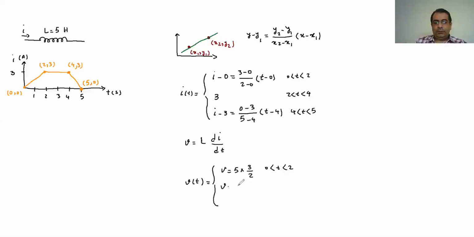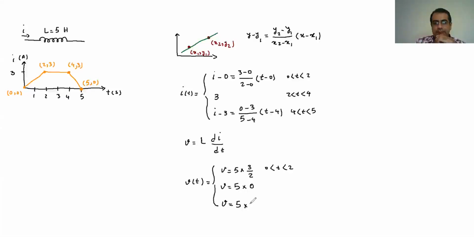The second one is again L times di over dt, and because it's constant, it becomes 0. And then here again V is L times di over dt, which here is going to be negative 3 times t, and the rest is 0.